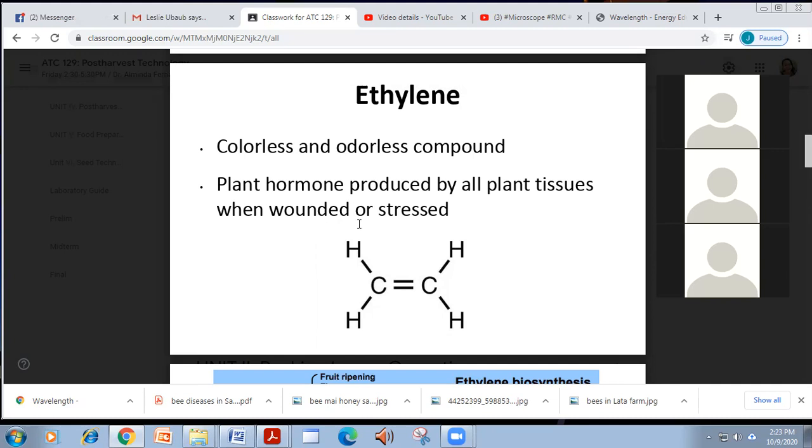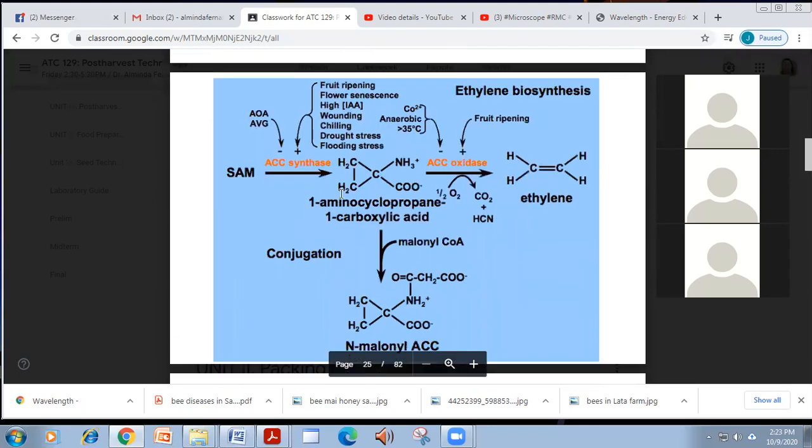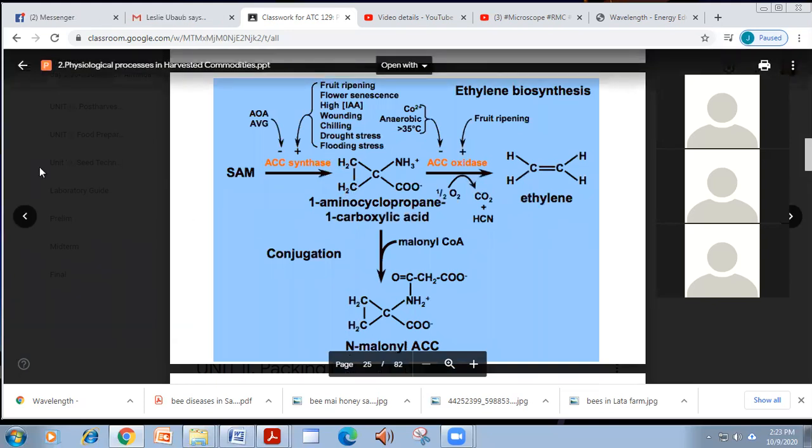So ethylene is actually everywhere, and this is a very important hormone in plants. These are produced by plants, but these are found everywhere. As you can see, this is the ethylene biosynthesis, or the creation of ethylene. So how is ethylene produced?